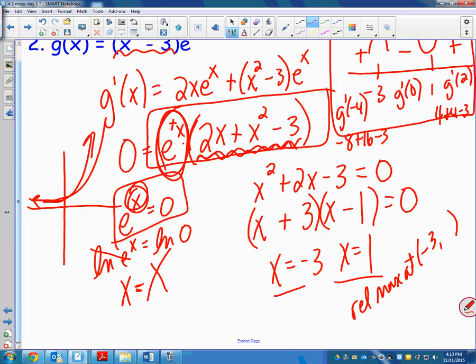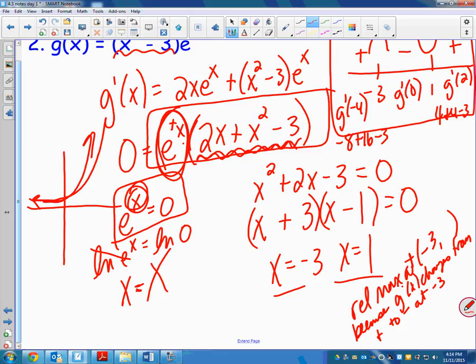You have to say, because g prime of x changes from positive to negative at negative 3. Or another way to say it, I'm not going to write this, is because the function changes from increasing to decreasing at negative 3. So just be aware of that, and we'll talk about that a lot more.